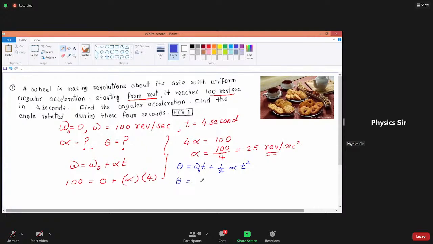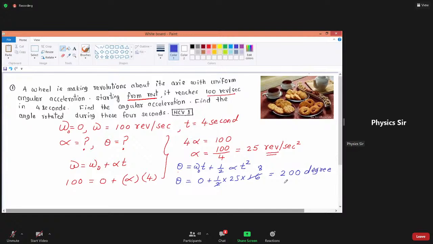So this omega 0 is 0. So this becomes 0. This is equal to plus half alpha. Alpha is 25 and t square. T ka value it is 4. 4 ka square it is 16. Now this 16 by 2 it is 8. So this becomes 25 by 8. So this is a 200 degree.